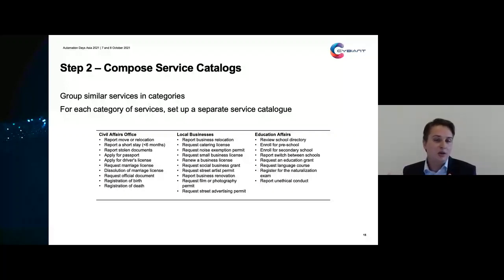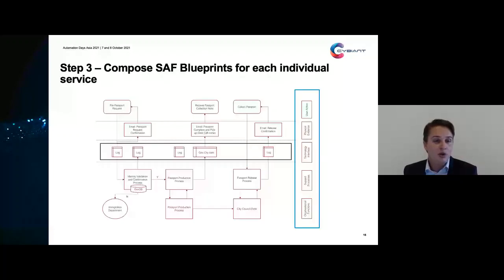Each of those service catalogs will contain a number of automated services, but is going to be managed by different entities, using different IT systems and different databases. So this is an example of the city of Amsterdam, but we're going to dive into one of those individually.